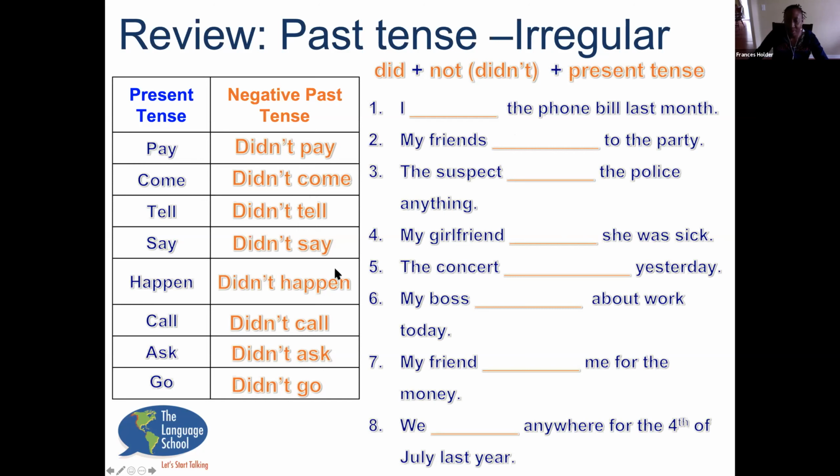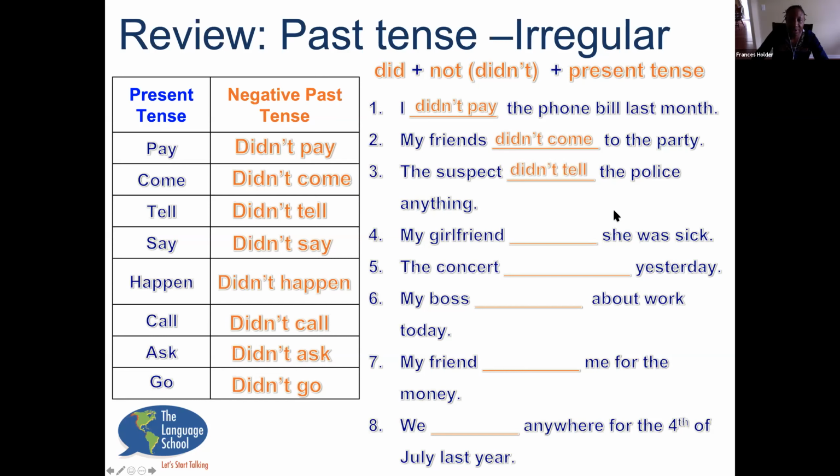So let's fill in these blanks with the verbs in the same order as they are in the table. Number 1, I didn't pay the phone bill last month. Excellent. Number 2, my friends didn't come to the party. Excellent. Number 3, the suspect didn't tell the police anything.